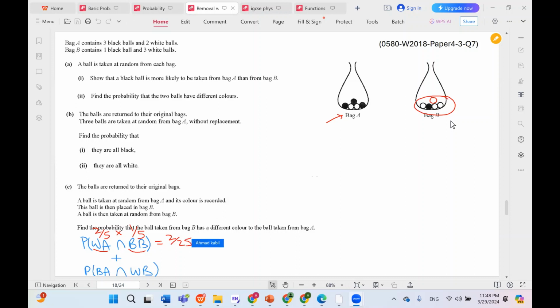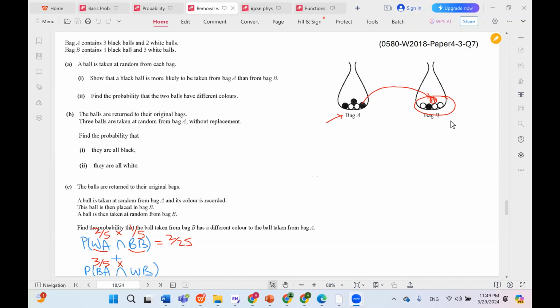In the second scenario, we want to take a black ball from A, and we have 3 black balls out of a total of 5, multiplied by a white ball from B. But now we have a black ball that we took from A and placed in B, so this ball is now black. And we want to take a white ball from B. So we have 3 white balls out of a total of 5.